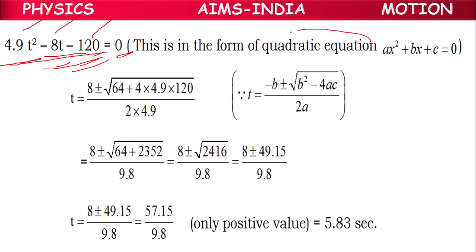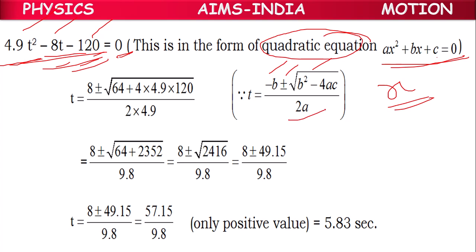This is in the form of a quadratic equation, ax square plus bx plus c equals 0, where the formula for x is minus b plus or minus root of b square minus 4ac, by 2a. But in place of x, we have t here. So this formula gives the value of t.